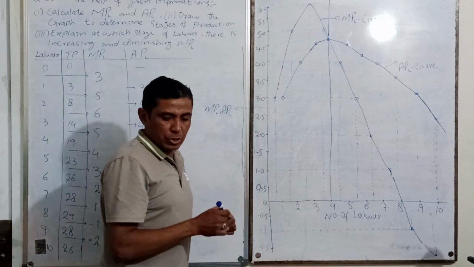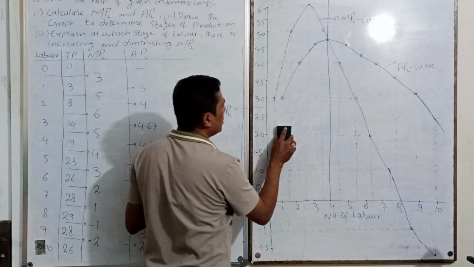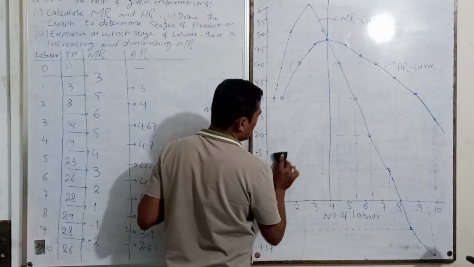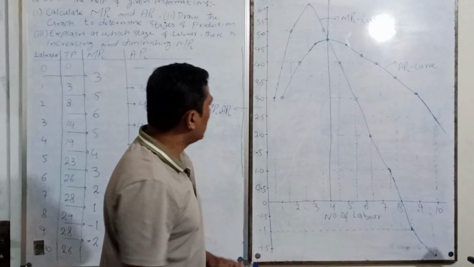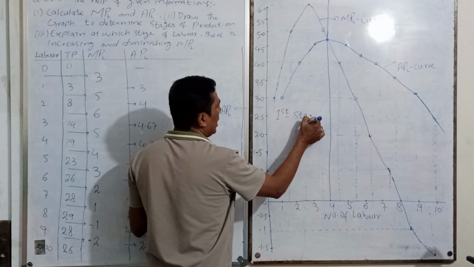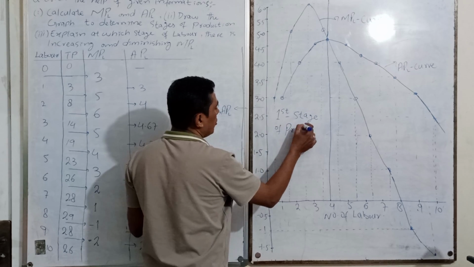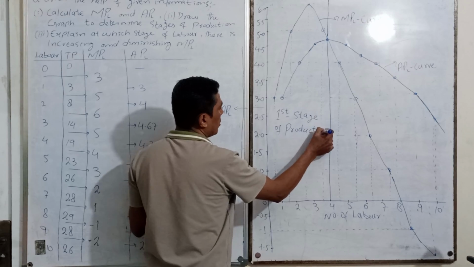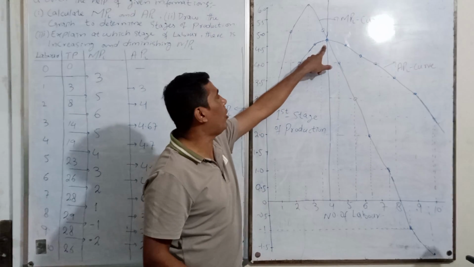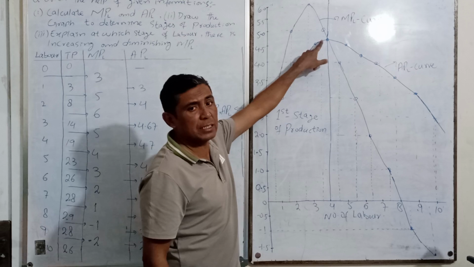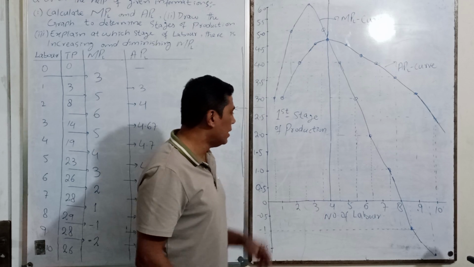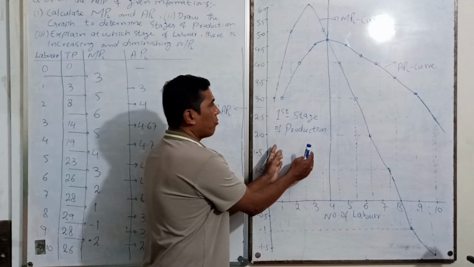So this stage is called the first stage of production. Again, what I did: I selected this intersection point where marginal product intersects the maximum of average product of labor and drew a vertical line till the x-axis. So this is called the first stage of production.